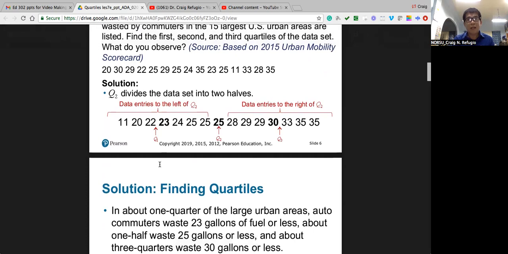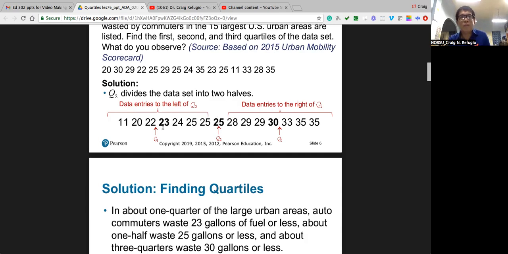So all in all, if you look at these values, including the median, 1, 2, 3, 4, 5, 6, 7, 8. So 8 divided by 2 is 4. Starting from the highest one, 1, 2, 3, then 4.